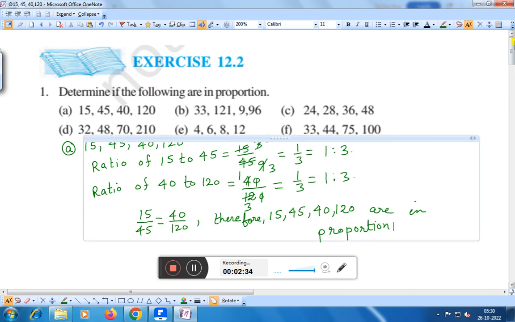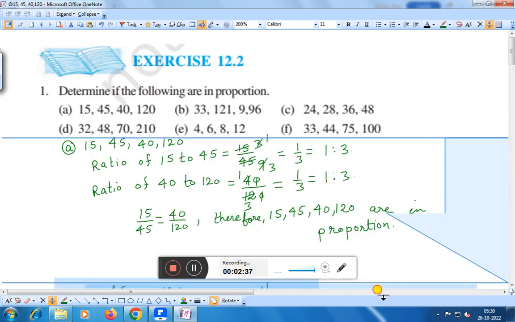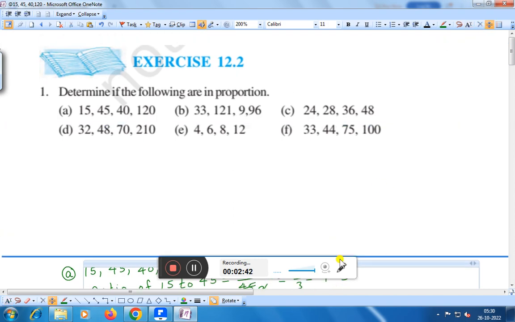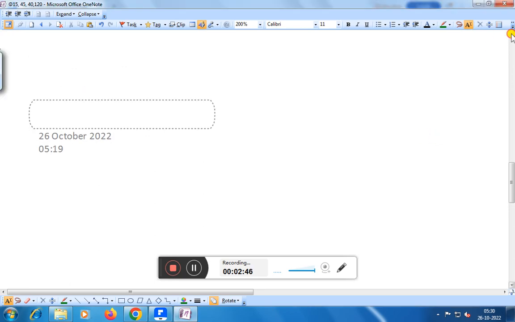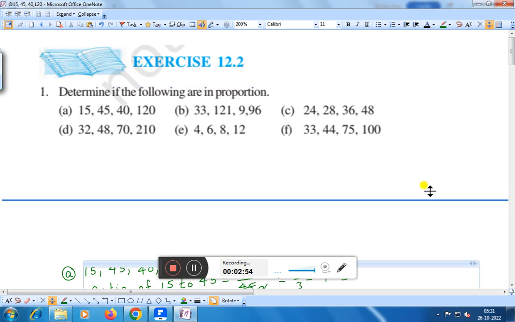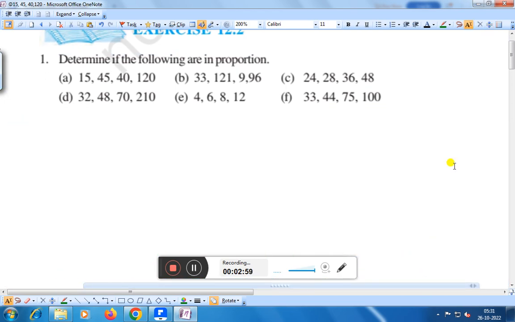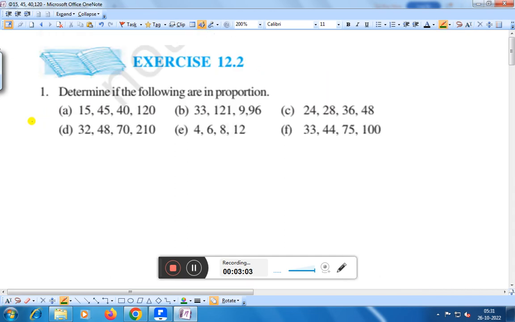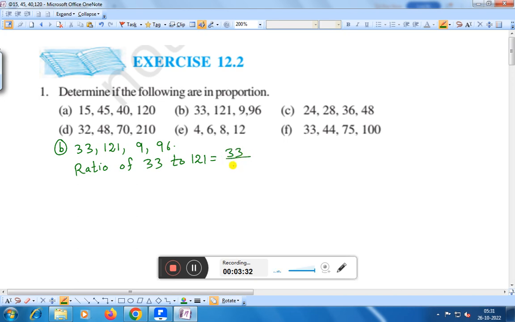Question number B is 33, 121, 9, 96. Ratio of 33 to 121 is equal to 33 by 121.